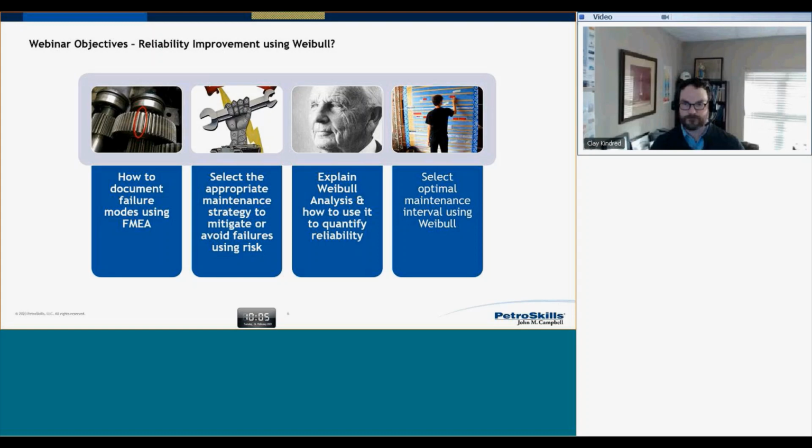We're not going to spend a lot of time on that because that's just getting us to where we want to be. And one of the outcomes I want to know is once I've identified what a failure is and a root cause of a failure, I want to know what is the appropriate maintenance strategy to use to mitigate that particular problem. So that's one of the key outputs we're going to do.